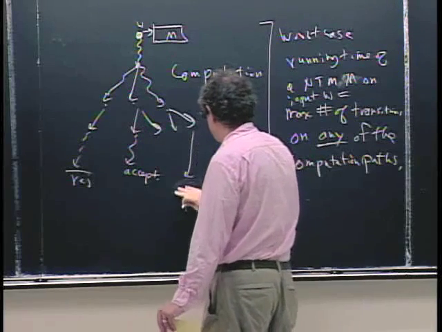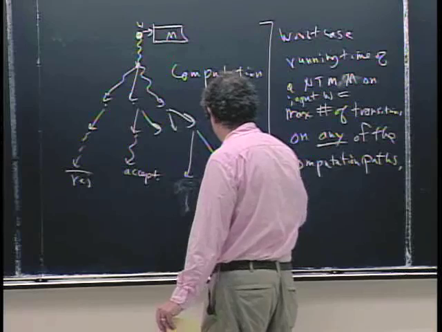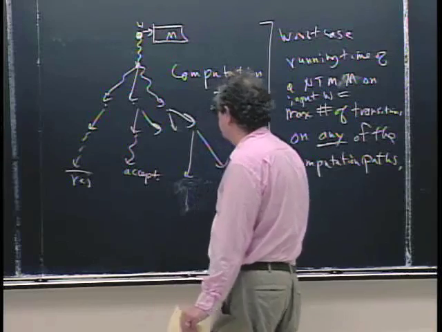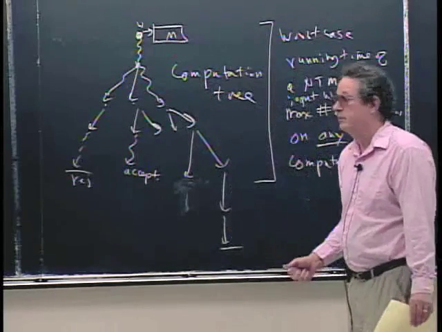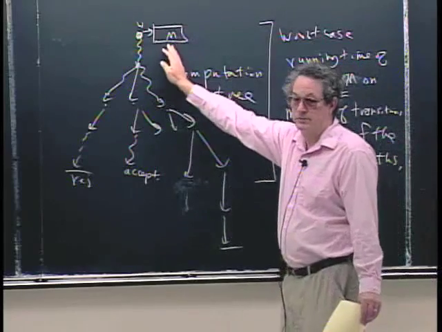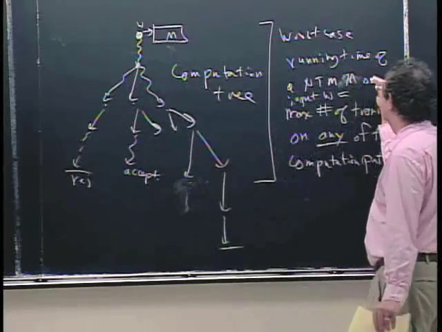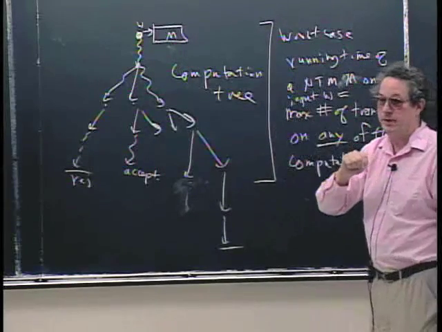The deepest of those, the maximum number of transitions, that's the worst case running time for this non-deterministic Turing machine on this input W.